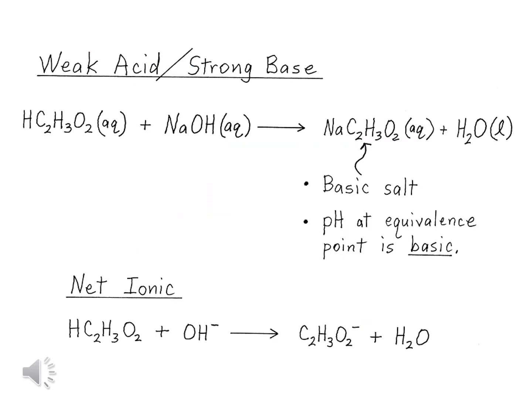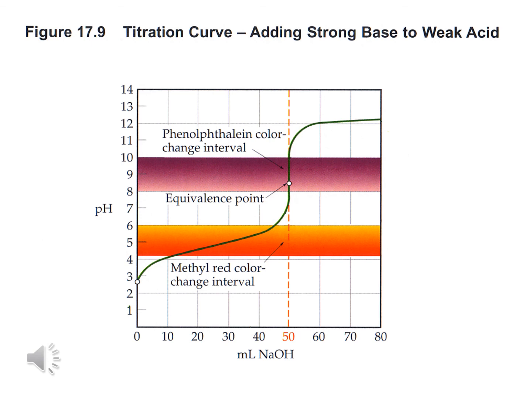The situation changes, though, if you use a weak acid titrated with a strong base. We said that if you take acetic acid and titrate it with sodium hydroxide, at the equivalence point you get a basic salt, sodium acetate. That means the pH at the equivalence point is actually going to be above 7 or basic. This is a titration curve of acetic acid with sodium hydroxide.